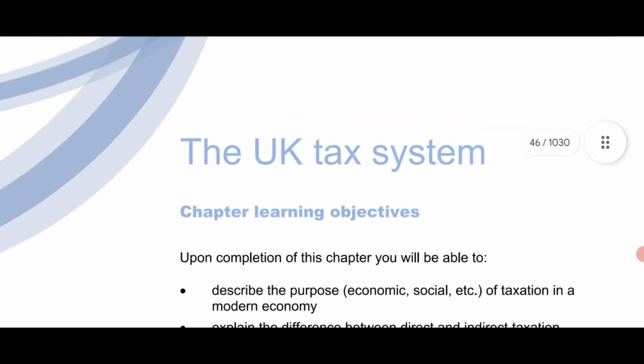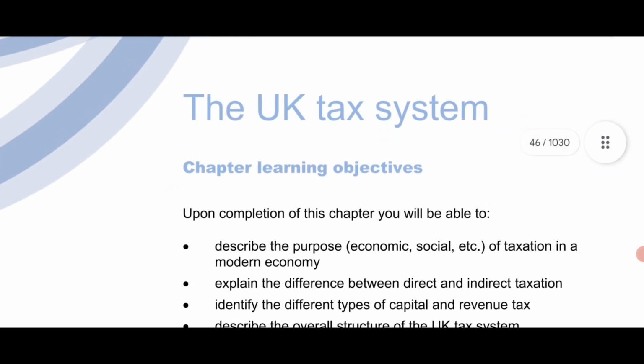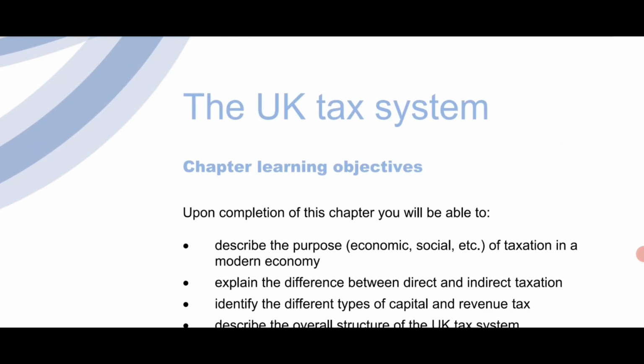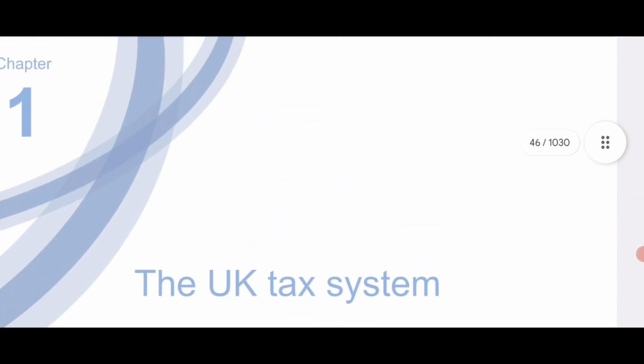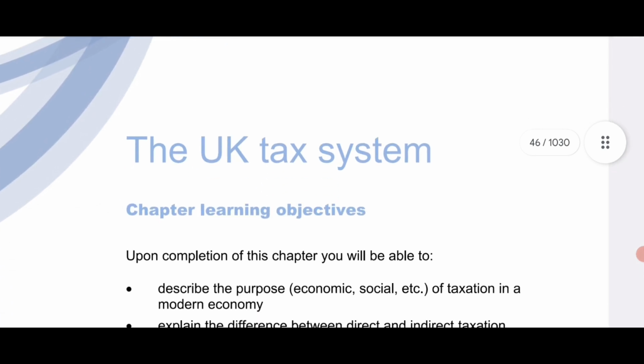This is Chapter 1. Actually, Chapter 1 is theoretical, so there is no need for a table or any worksheet. We will go through the UK taxation system. What are its objectives? This is from the study text we are going to discuss today.